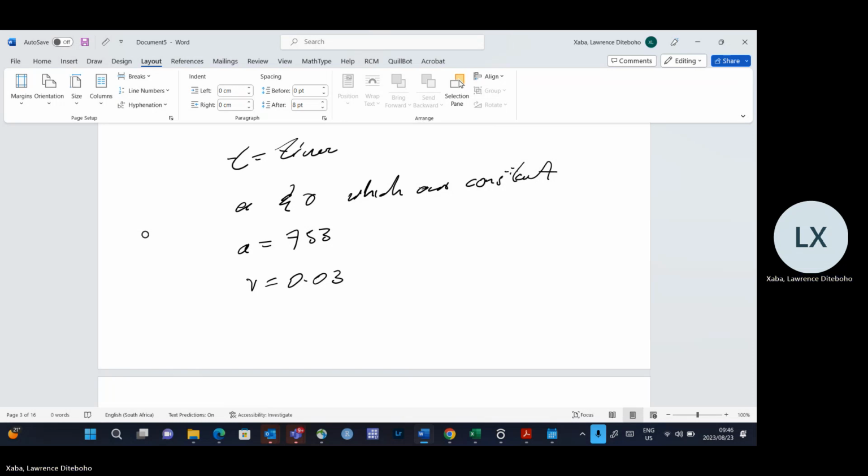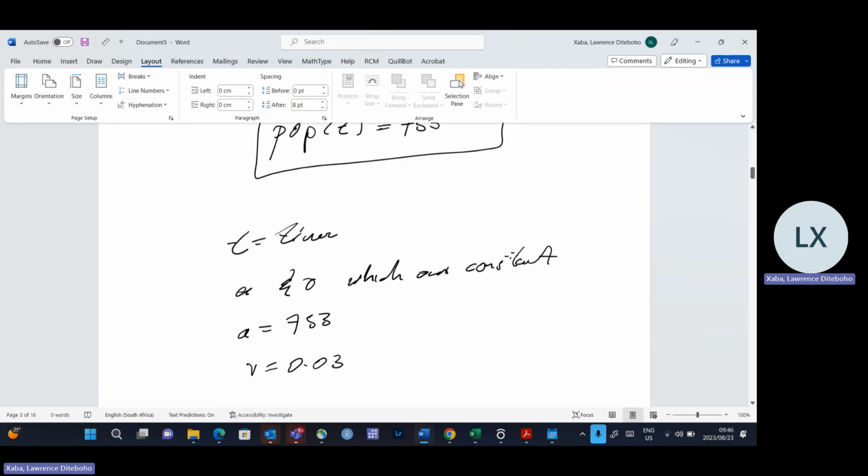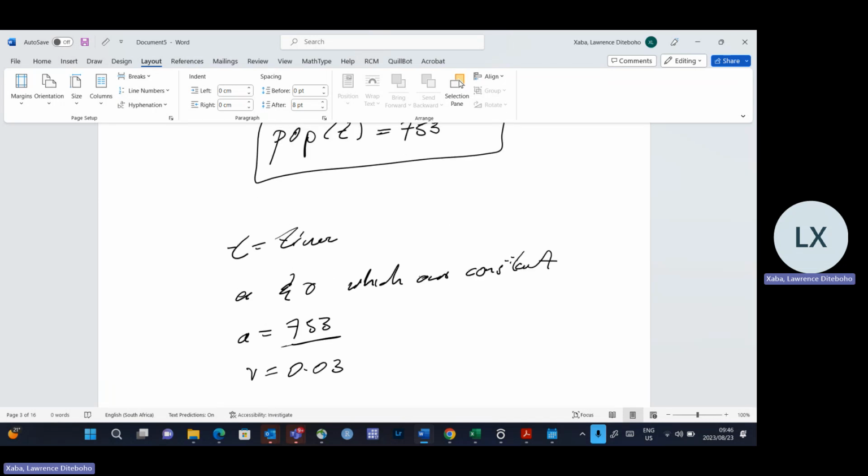But if now we have to study our population after a period of 10 years. We want to see, because the population that we have right now, which is 753, is a population of 1980. So it means in 1980, our population there was 753.